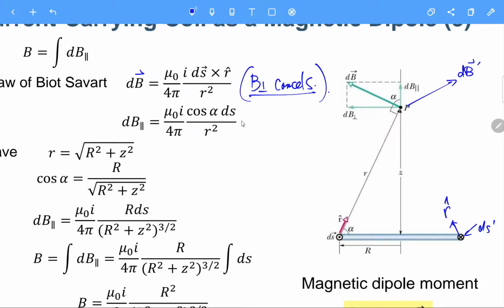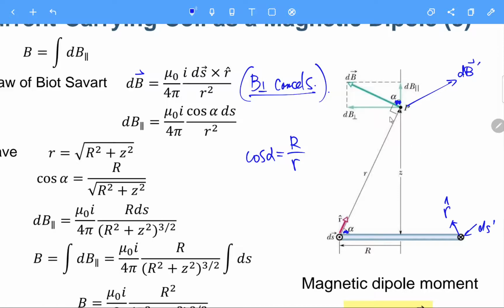So we only have ds here, r squared here. And then of course, this component, we need to multiply it by cosine alpha. So for this figure, cosine alpha is capital R over small r.